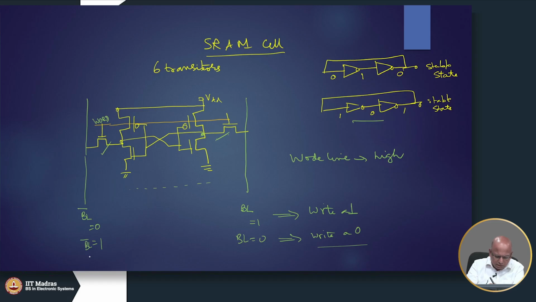When you want to read, you make both of them 1. You make both BL and BL bar 1, these are called bit lines. So, they are made 1 by what is called pre-charging.